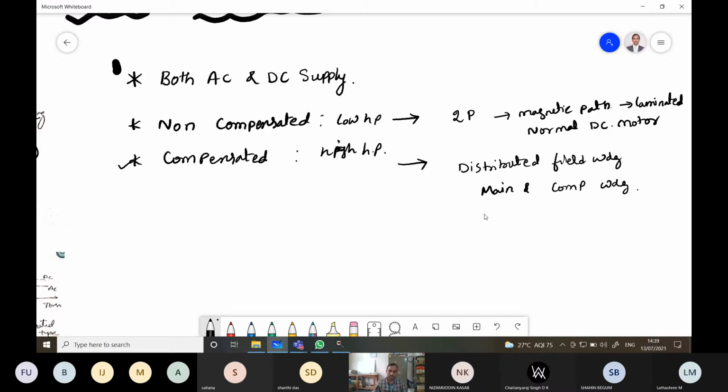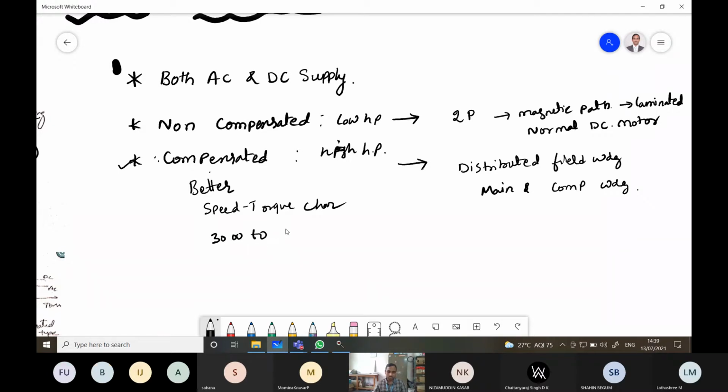The compensated type universal motor has better speed characteristics compared with these two, compensated and non-compensated. So the compensated type universal motor has better torque speed characteristics.